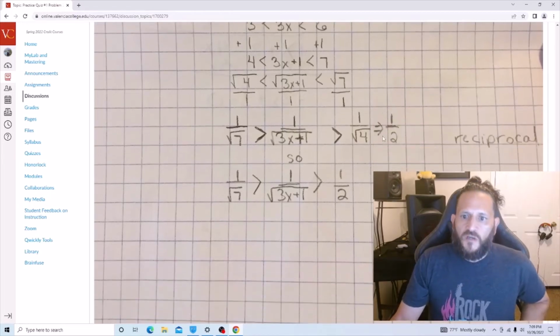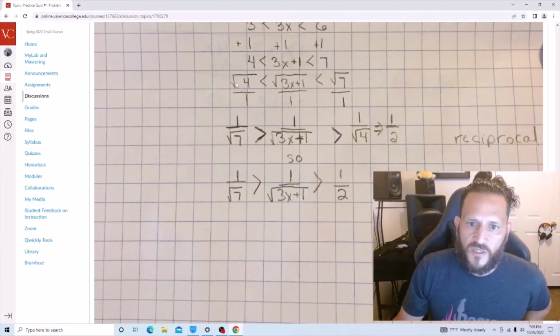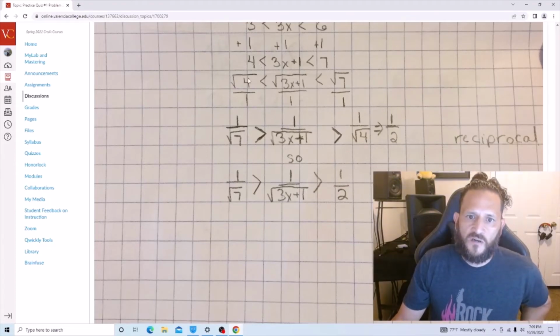Here's where you need to know your rule. The reciprocal rule. So after we just did that equation, we added our square root. So we have this right here. Now we're going to continue on, and all we're doing is just placing a 1 underneath.